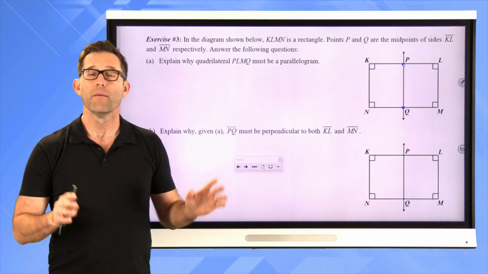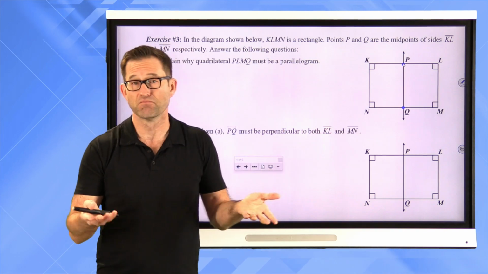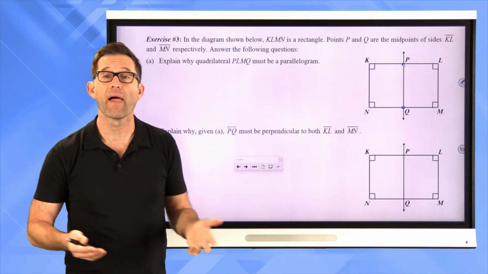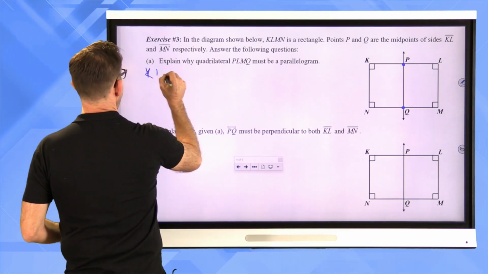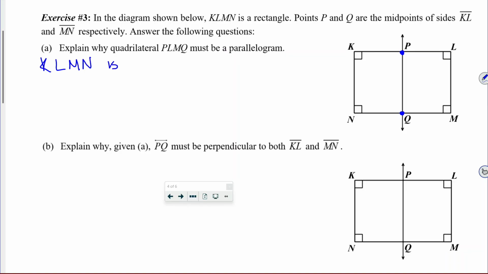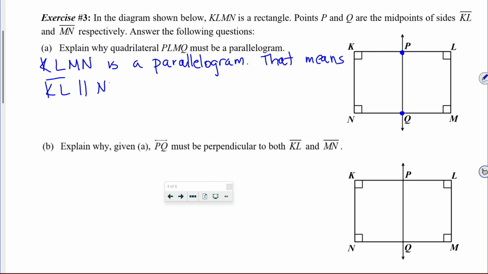All right, well, because it's a rectangle, it's a parallelogram, number 1. So not PLMQ, but just KLMN is a parallelogram because it's a rectangle. But that means two things: that KL is parallel to NM and KL is congruent to MN.